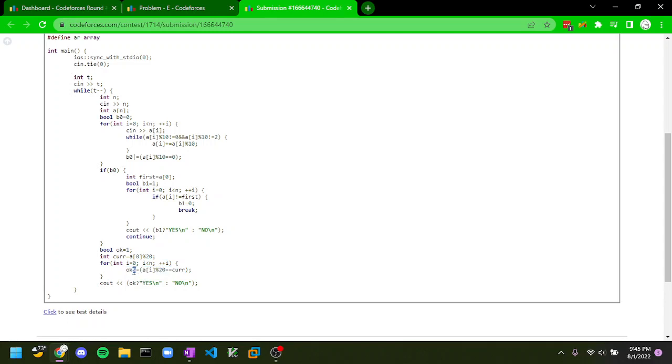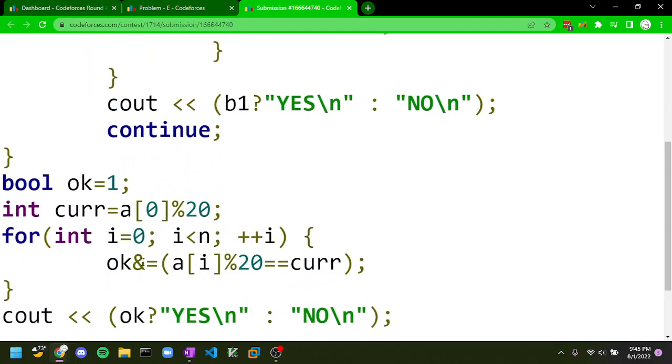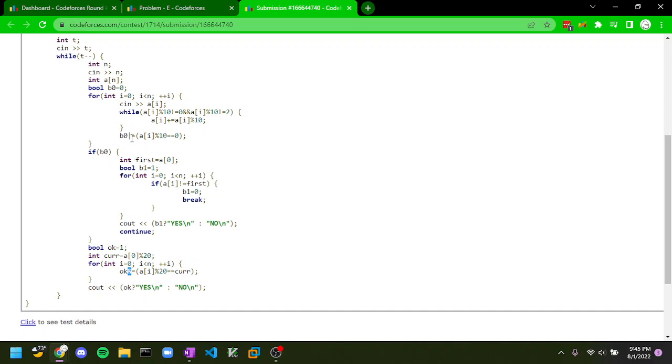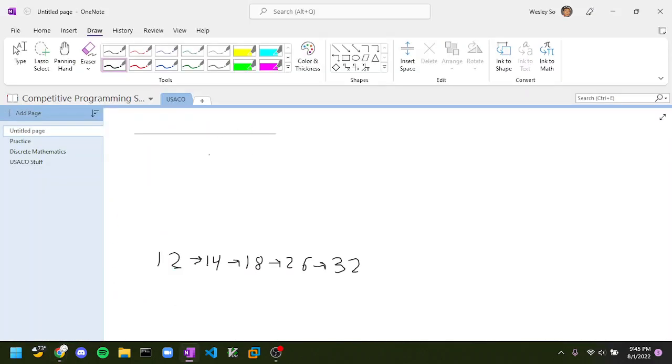And this ampersand is a bitwise and, sorry, which is slightly different from the bitwise or. A bitwise and must have both bits turned on in order to work.